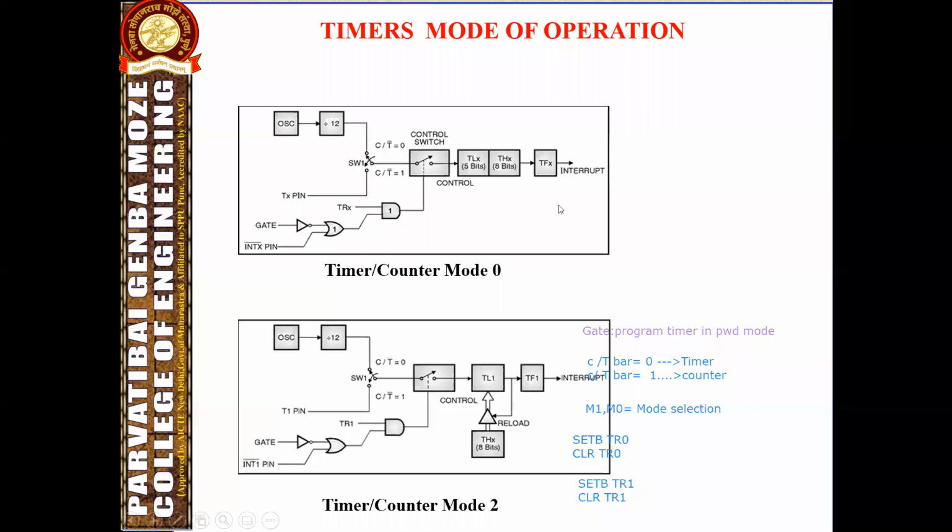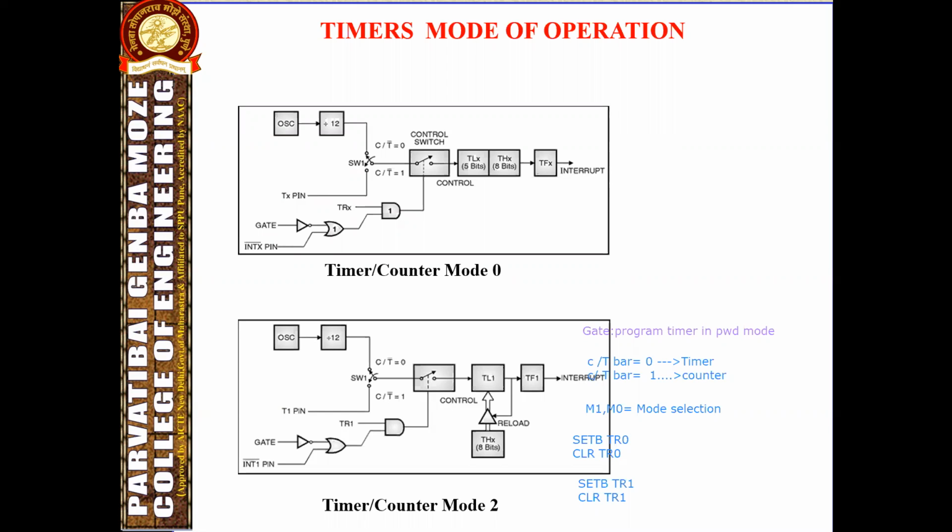Similarly, in mode 1, the timer or counter is the same as mode 0. The only difference is that in mode 0 the timer or counter was 13-bit, but in mode 1 it is a 16-bit timer and counter.